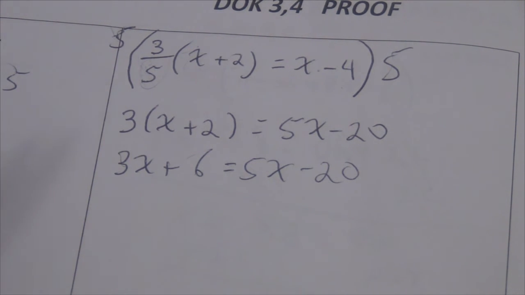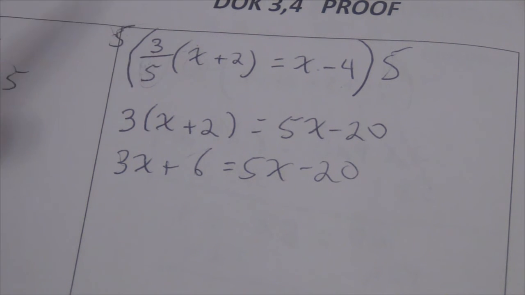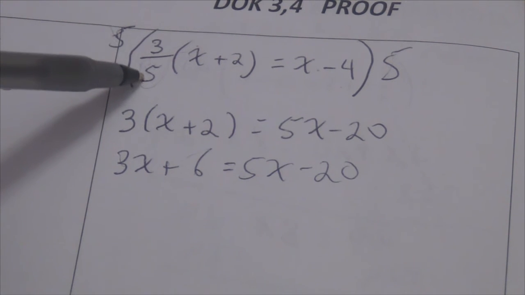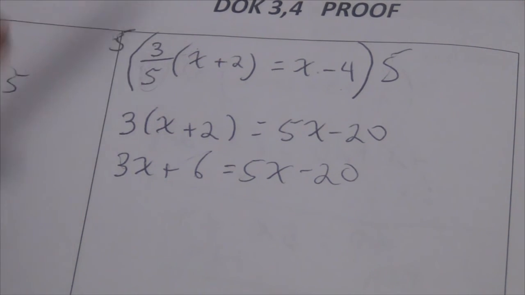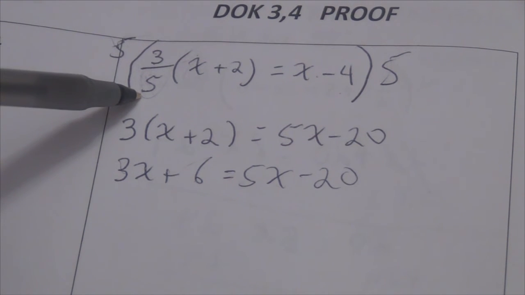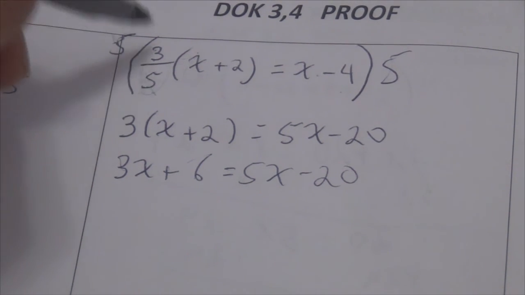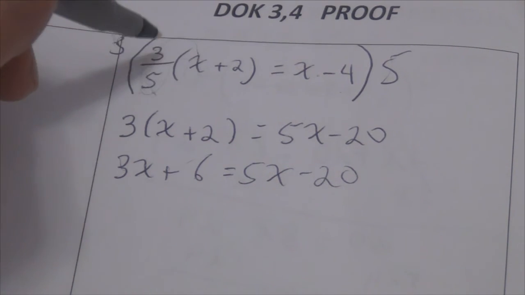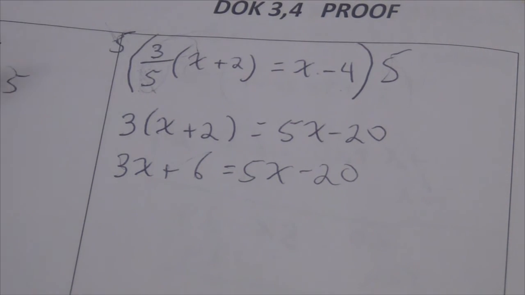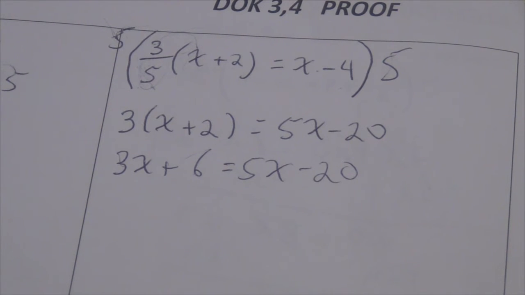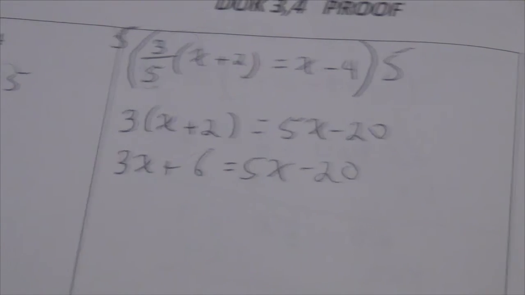If you want to do this in the future, you could just use the distributive property in the following way. So I did have fractions in conjunction with the distributive property, so I went like 5 divided by 5, 1. In other words, this 5 cancels with this one, so that only leaves 3 times x and 3 times 2. Ah, that's why. Alright, anyways, the golden rules will never fail you.